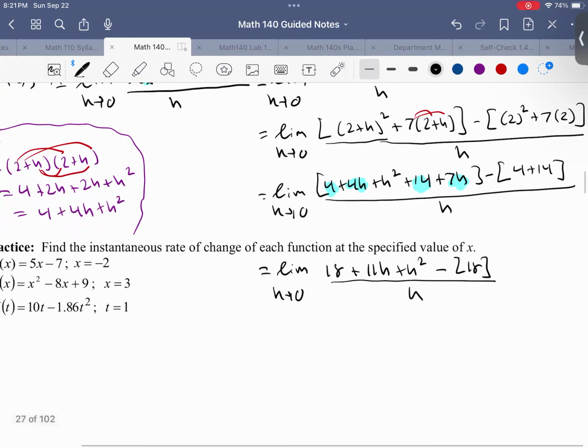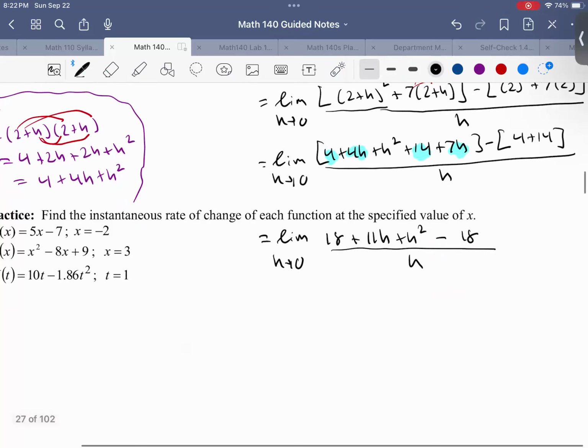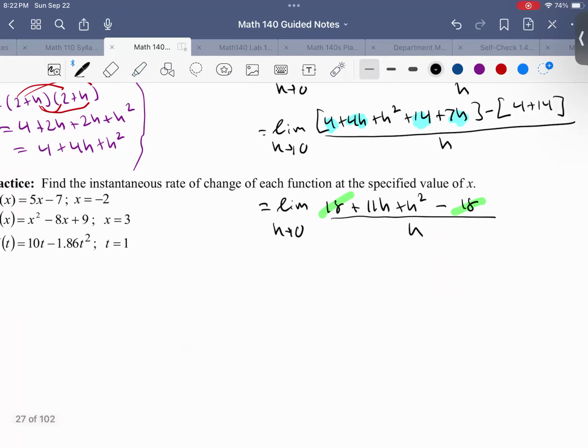Okay. And so this becomes minus 18, and that cancels out with this guy. All right, so what we're left with is limit as h goes to 0 of 11h plus h squared over h.